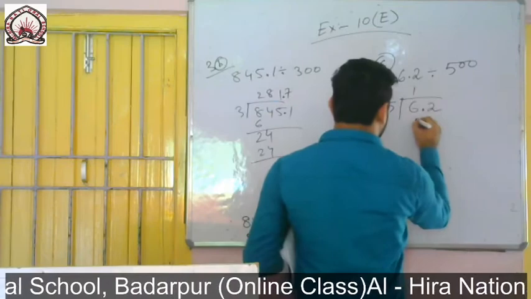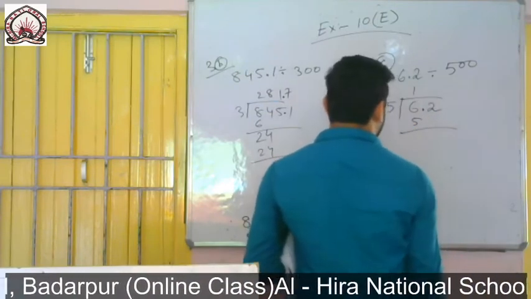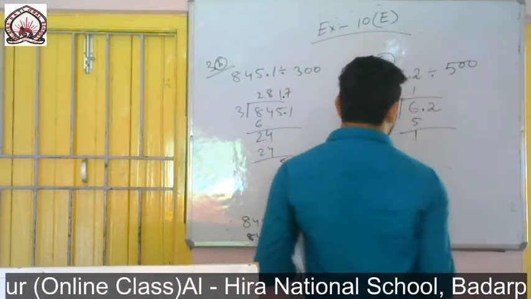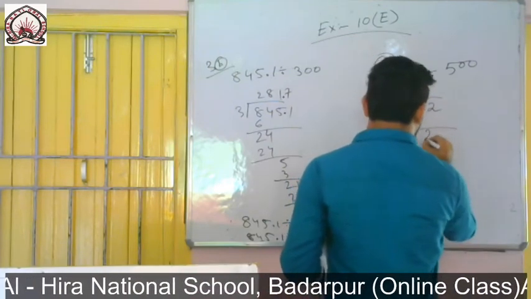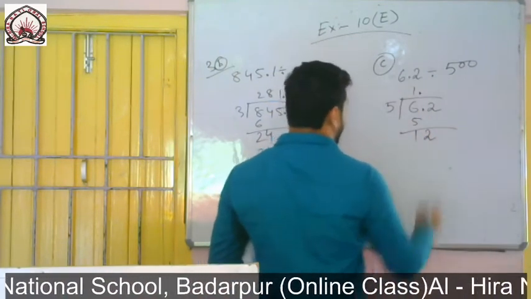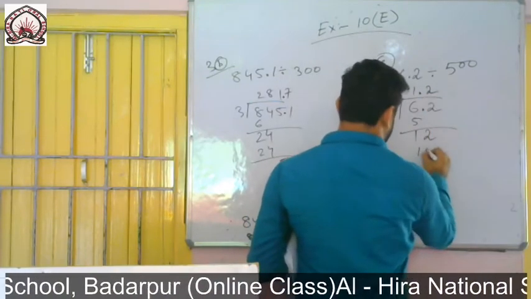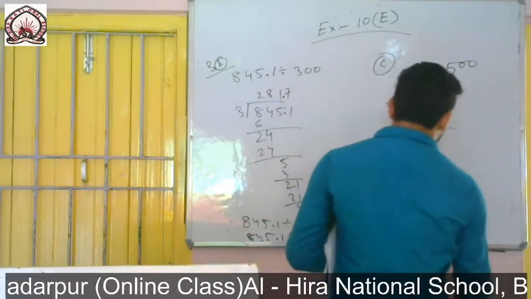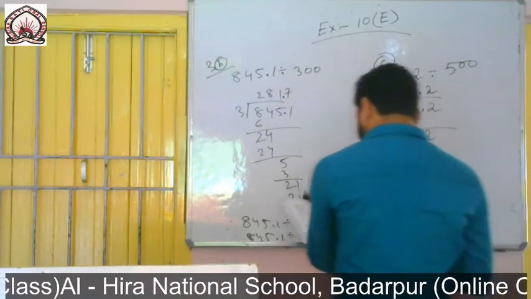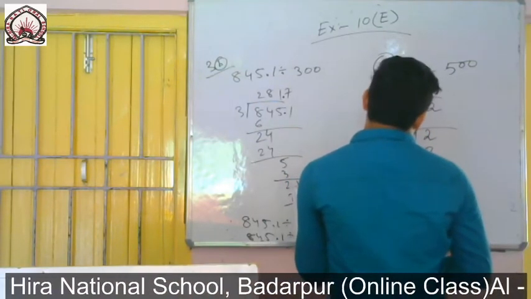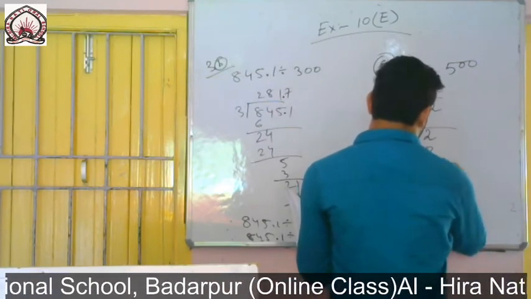Then 5 1s are 5, here remain 1, so 1 is not divisible, after that we are getting point, so we'll put point, we'll put 2, then 5 2s are 10, then 2, so point is there, we'll put 0.